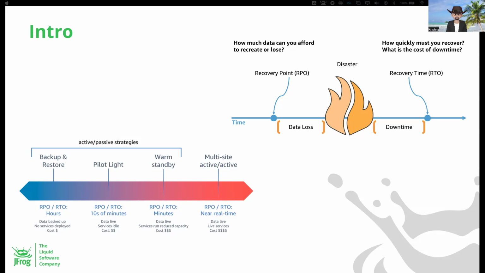Like the pilot light strategy, the warm standby strategy maintains live data in addition to periodic backups. The difference between the two is in the infrastructure and the code that runs on it. A warm standby maintains a minimum deployment that can handle requests, but at a reduced capacity.